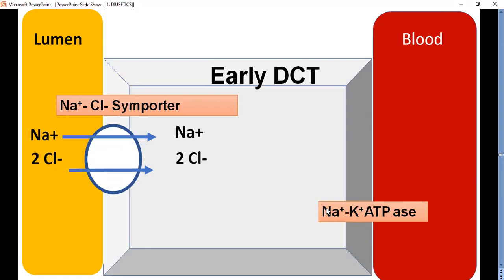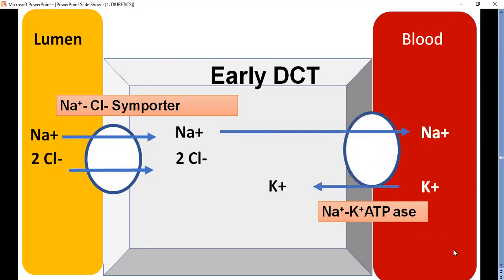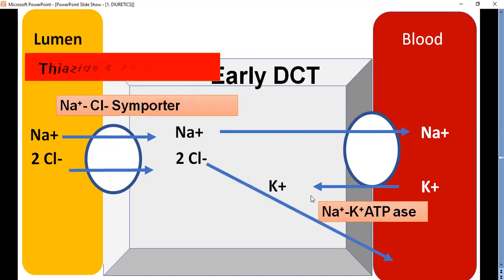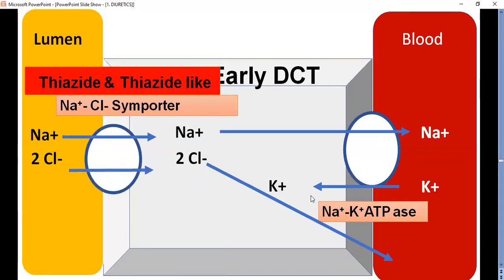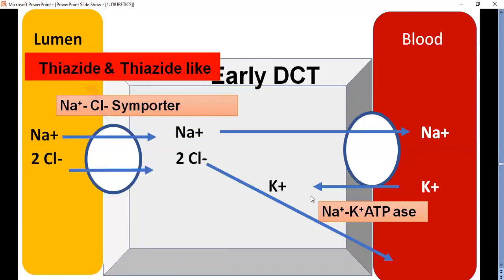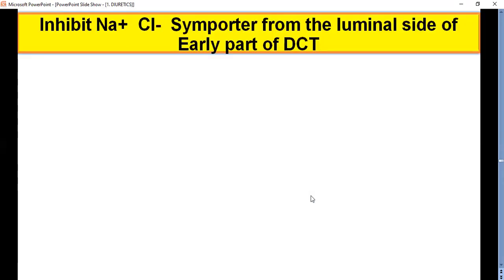From there, it is reabsorbed into the blood with the help of the sodium potassium ATPase pump. The thiazides and thiazide-like diuretics inhibit this sodium chloride symporter, thereby reducing the reabsorption of sodium and chloride.